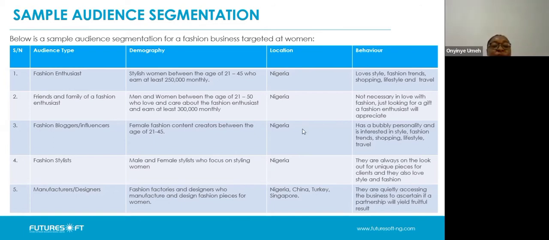There's also manufacturers, because these people are looking for maybe distributors for their products. They want a store or a brand that would be able to buy in bulk, or a brand they will provide supply to, and then that brand sells for them. So it could be anything really. So there's location as well, and then there's interest.